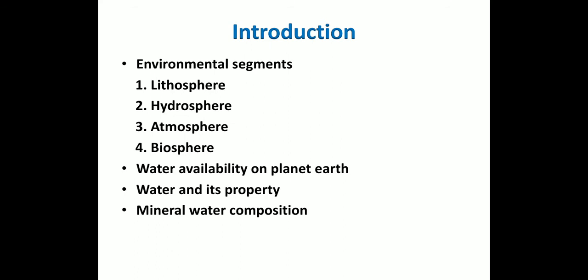Which kind of minerals are available in water, in which proportion. We have also discussed this topic in detail. So this way we have started water pollution analysis by its introductory part, from the beginning.